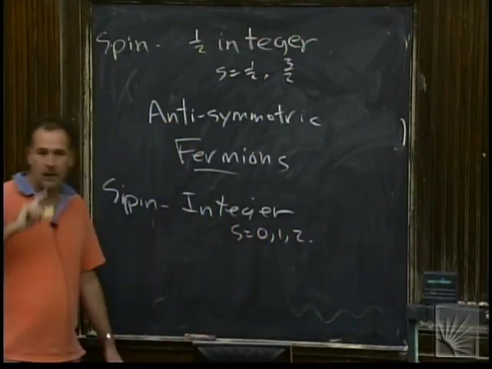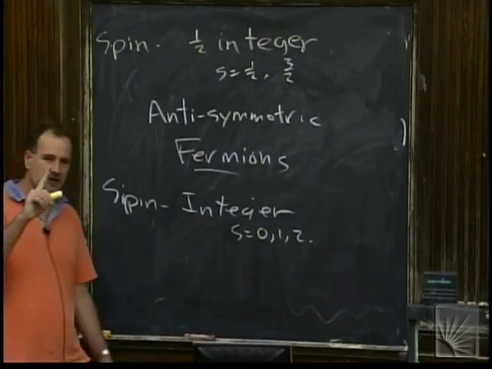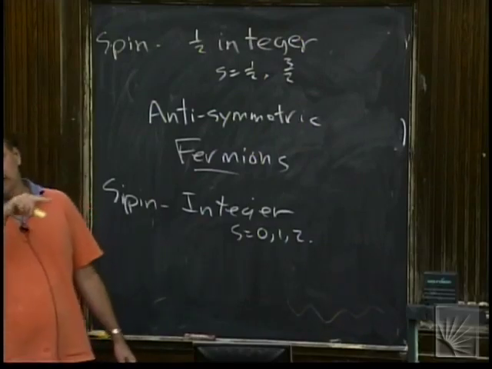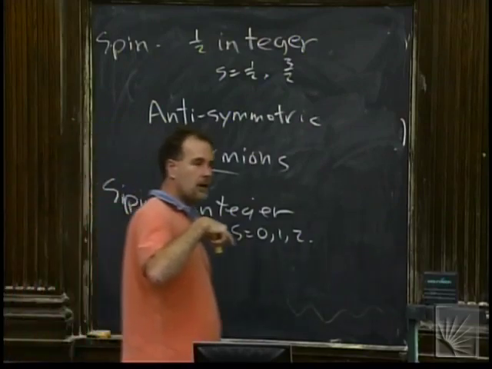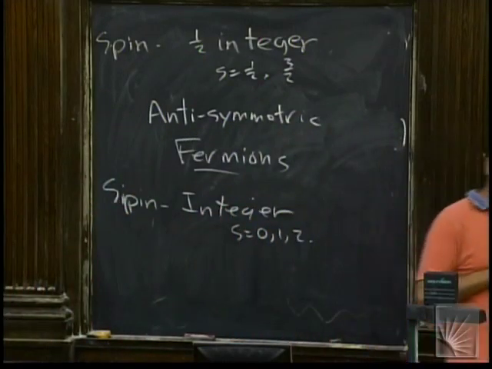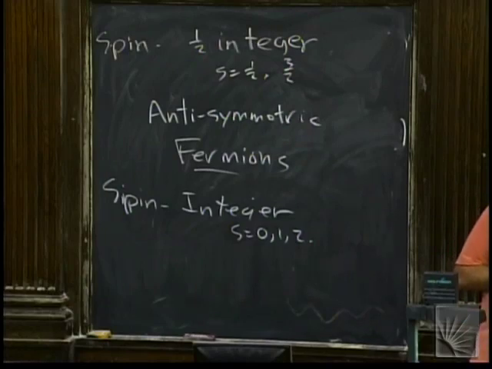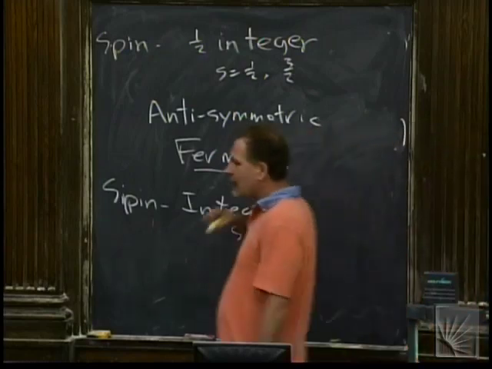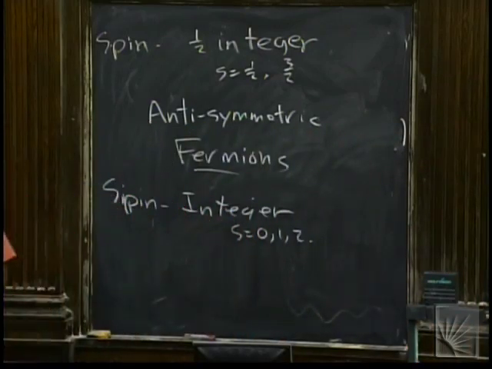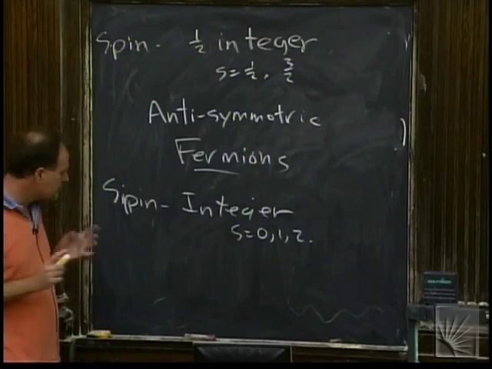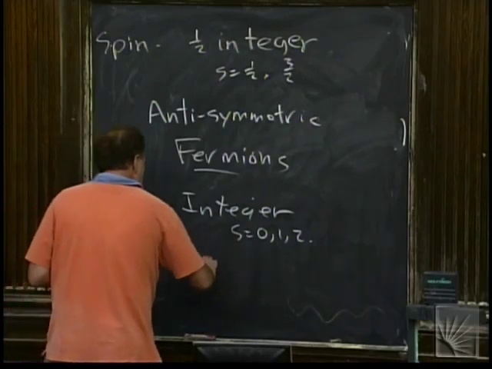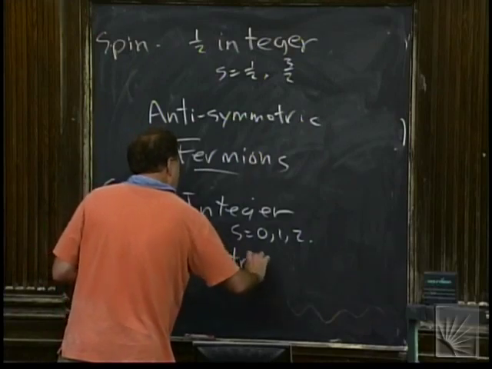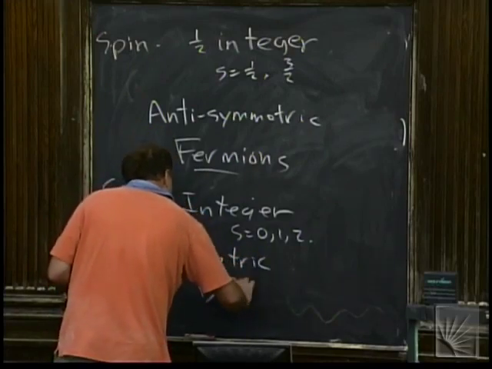So a spinless particle, or a photon, which is a spin 1 particle, or a graviton, which is a spin 2 particle. Let me back off. If you have, for some reason, a particle in a J equals 1 or 0, integer J state, then it's symmetric. And this is called a boson.